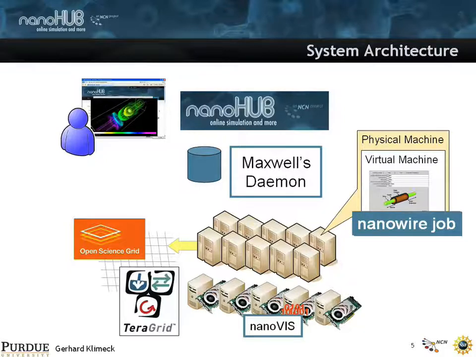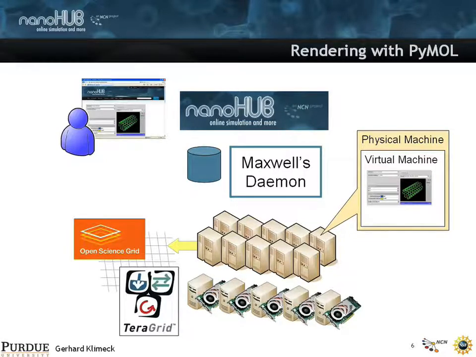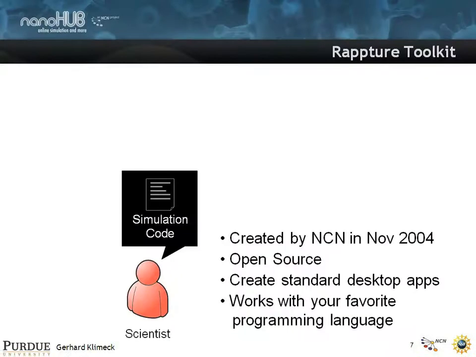We have 3D volume rendering in there, and we can do PyMol, like molecular modeling as well, and just pipe the data to this rendering engine and then pipe the output to the user. And again, the user would be interacting with a rendering machine that sits somewhere in the world. Okay? It happens to sit at Purdue.